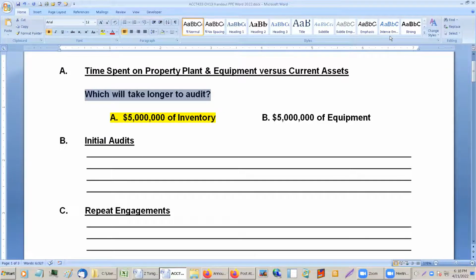Inventory is coming in and going out all the time. Every day inventory is sold, every day inventory is purchased. It's a moving target. It's a lot harder to audit inventory. Equipment, maybe you get something new during the year, but it's not nearly as fast as inventory. Usually you bring something in and it's going to sit there for 5 years or however long it takes.